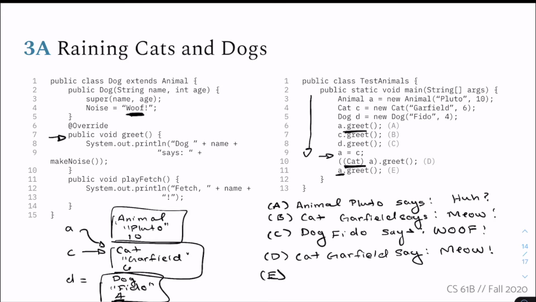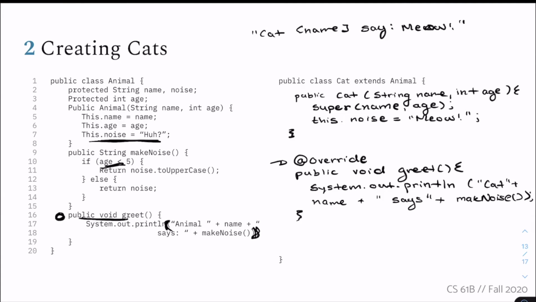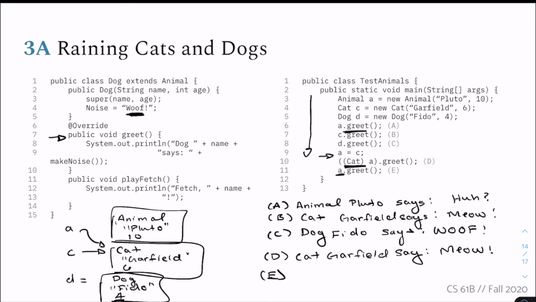And so our computer checks to see whether or not there's any function in cat that directly overrides the greet function in animal, and in this case there is. If the function signature was even a little bit different, we would just be using the greet function in animal. But since it's not, we're going to use the greet function in cat. And so again, we're going to write the same thing. Cat Garfield says meow.